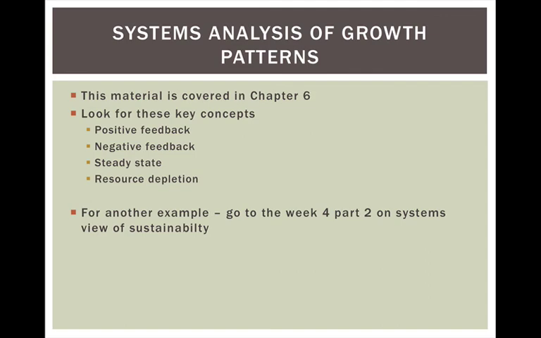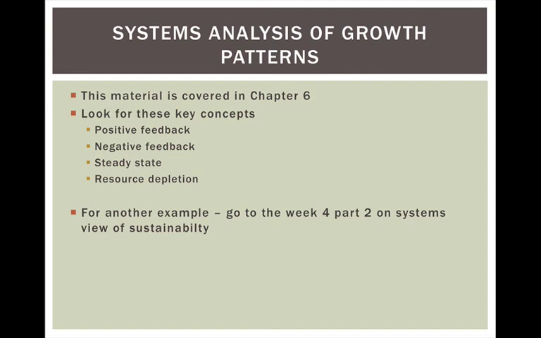Positive feedback is when the inflow to the stock increases as the stock concentration is higher. Negative feedback is when a higher stock concentration inhibits the inflow, the production of that stock. Positive feedback, a good example of that, is exponential growth.